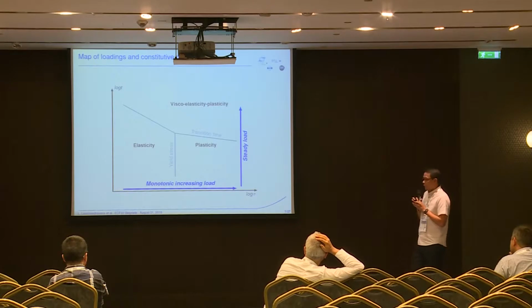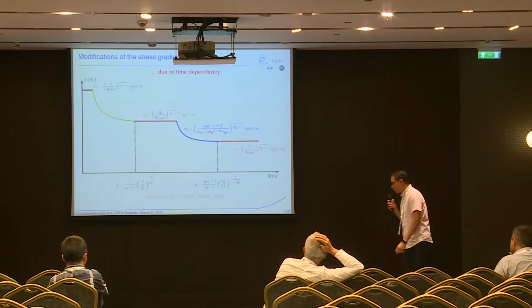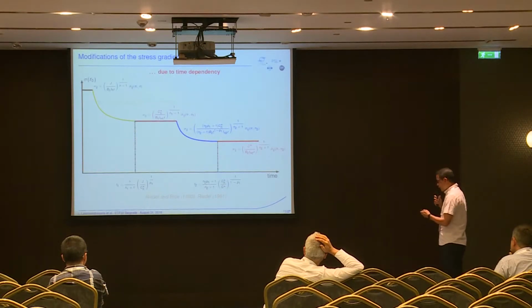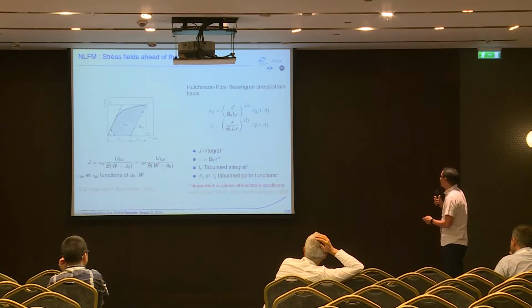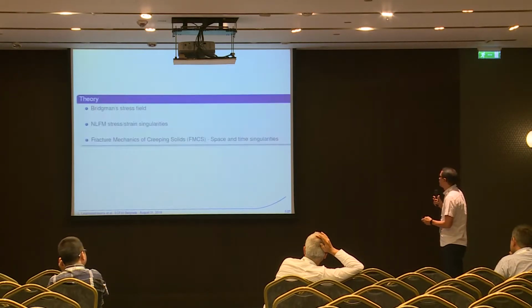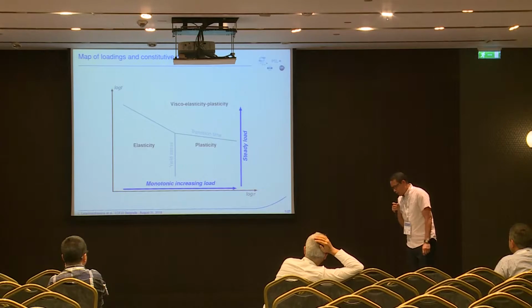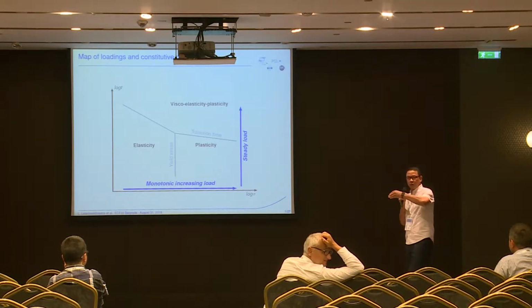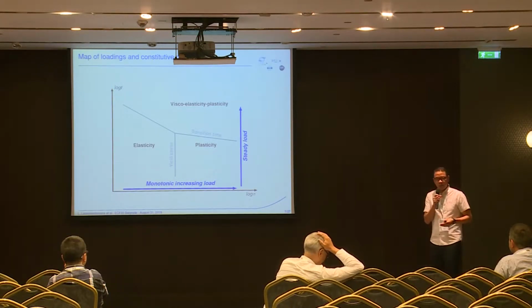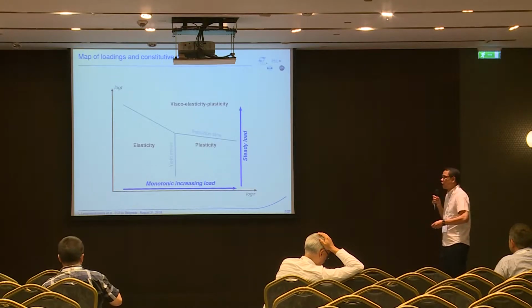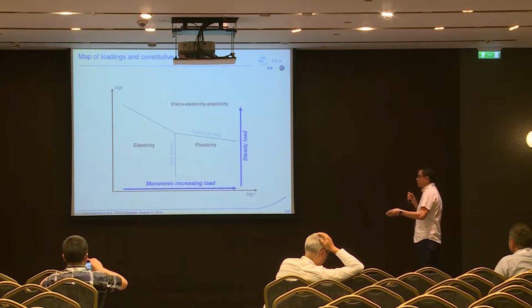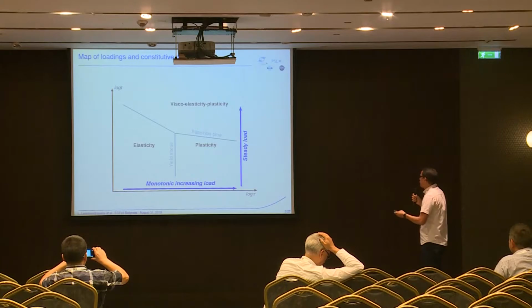First of all, the engineering structure involved in this study is plastic pipes, loaded with internal pressure for a long time, and the long-term durability, that is, failure at 50 years, for instance, is obtained in this map at this location.